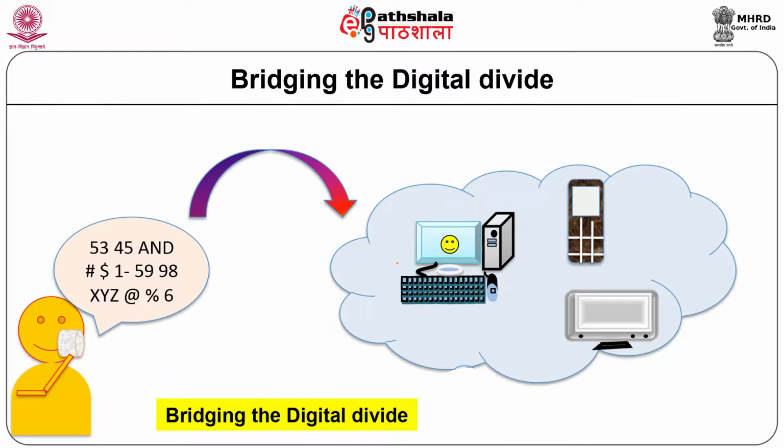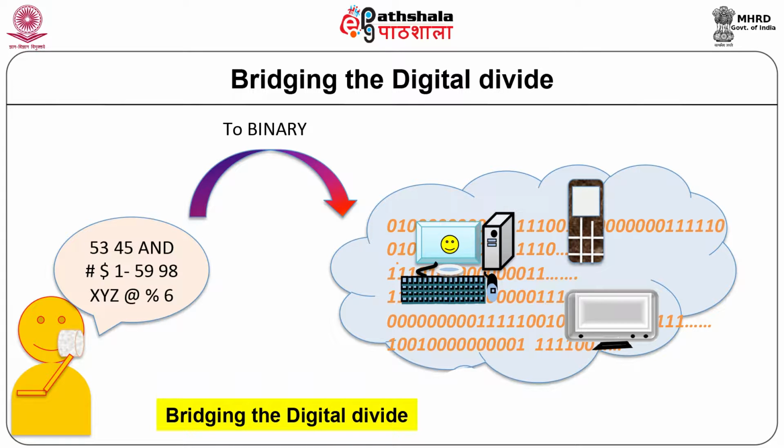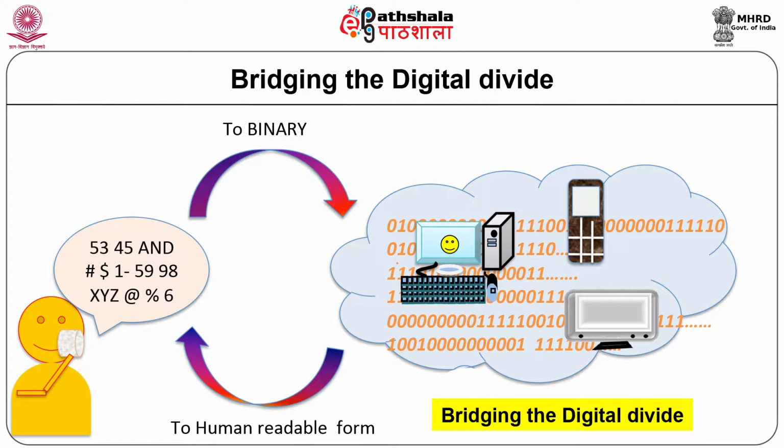Humans prefer to use decimal numbers and other characters. Conversion from human readable code to binary will be used for communication. Once the instructions and data are given to the digital world, the digital system can process the data in binary. The results or response is given back in a human readable form. This is the way how the digital divide is bridged.